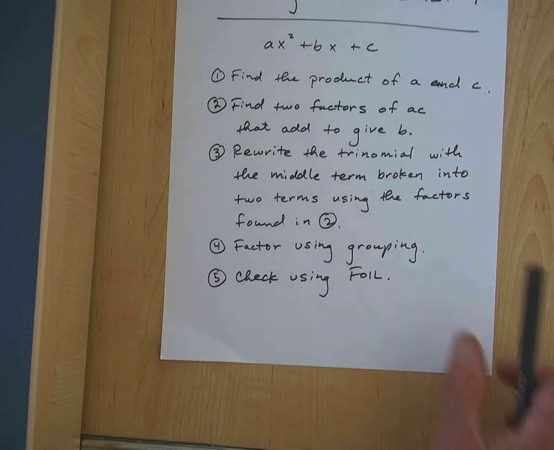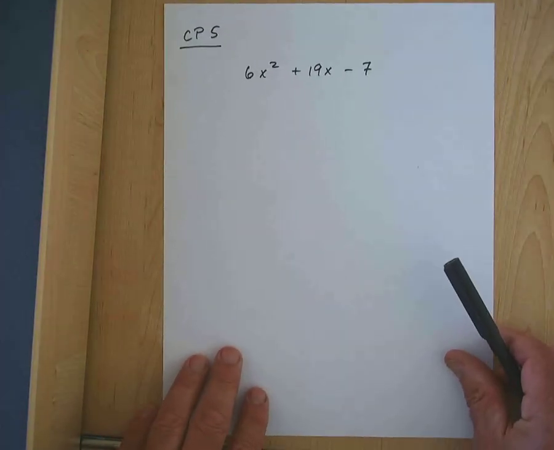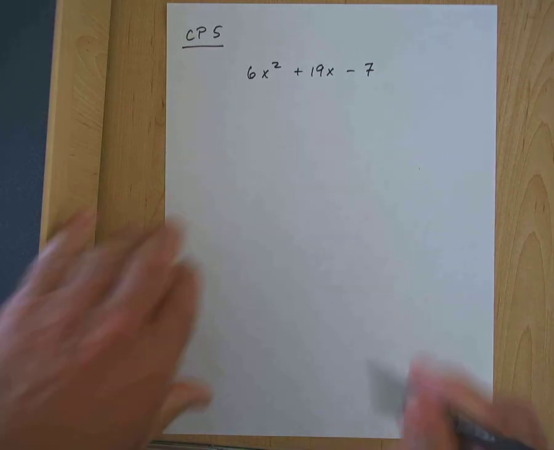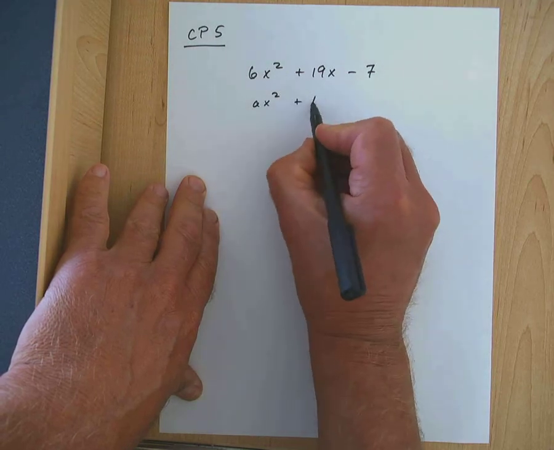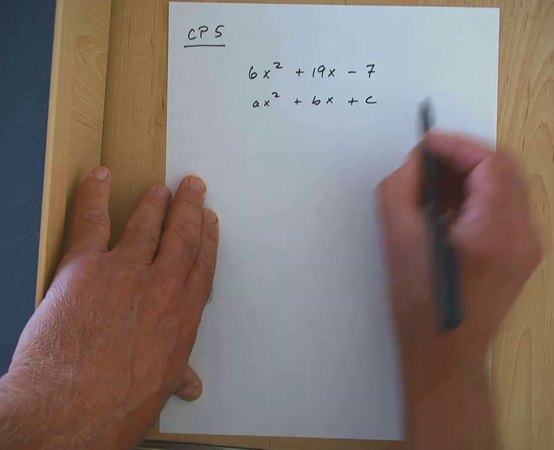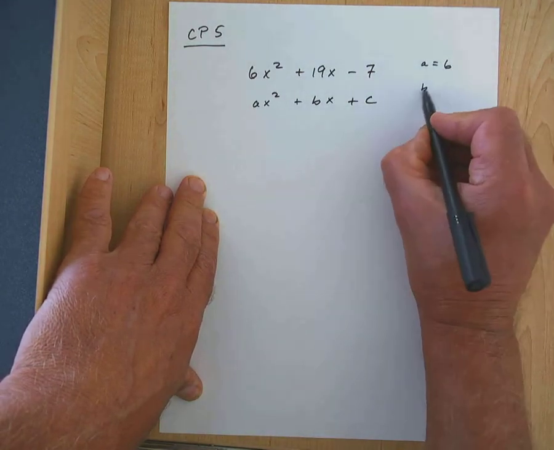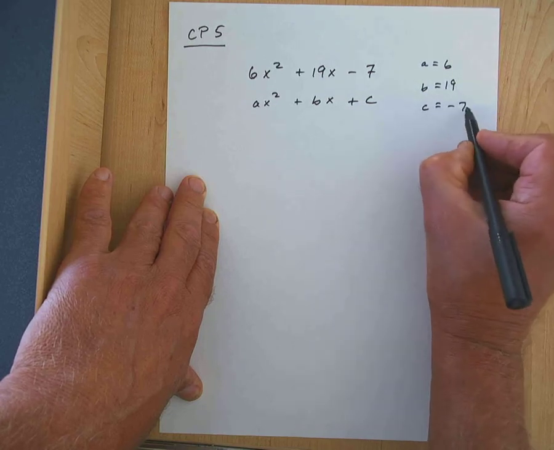So let's look at a trinomial. Checkpoint 5. We have a trinomial where the leading coefficient is not 1. And remember, this corresponds to a trinomial of the form ax squared plus bx plus c. So with this trinomial, a would be 6, b would be 19, and c would be -7.